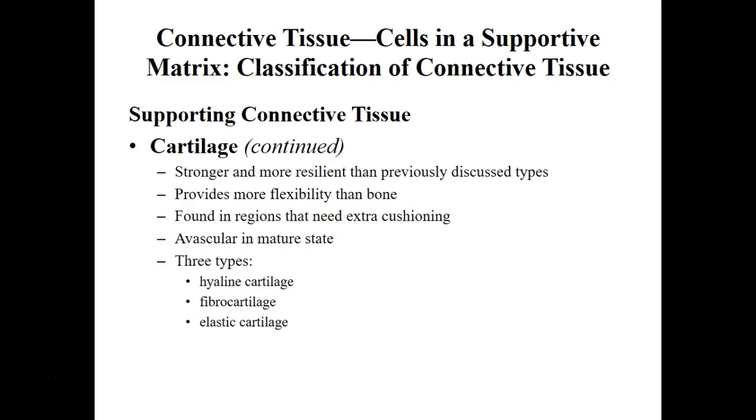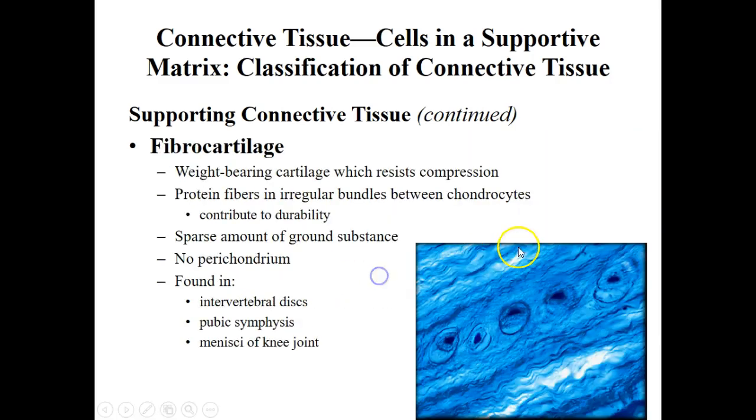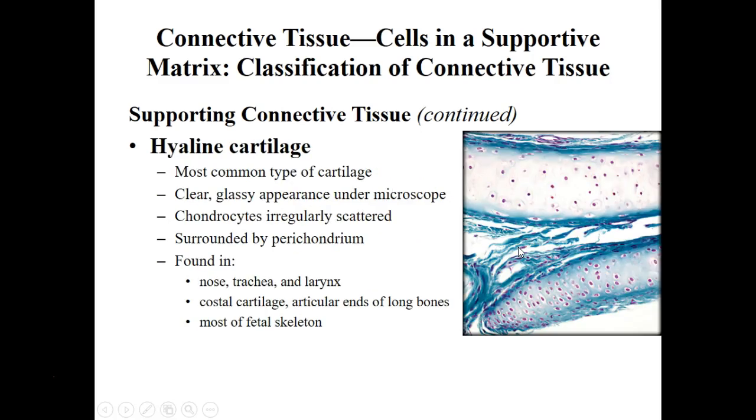There are three types of cartilage. Hyaline cartilage, the most common type. Then we have fibrocartilage and elastic cartilage. Hyaline cartilage has a glassy appearance. It's composed of these structures called chondrocytes. Chondrocytes sit in areas that we call wells. So we often look at these and think cells in a well.